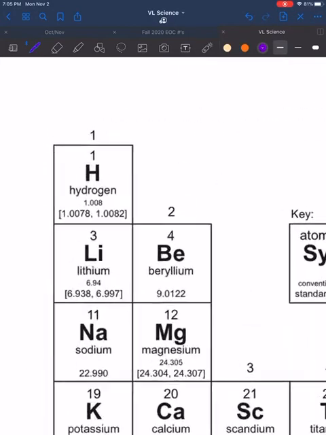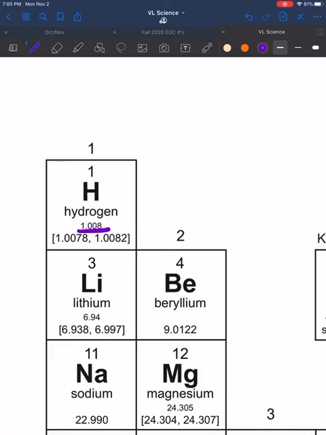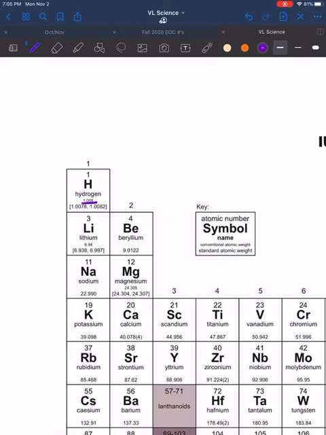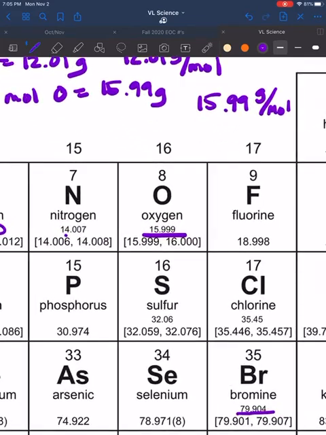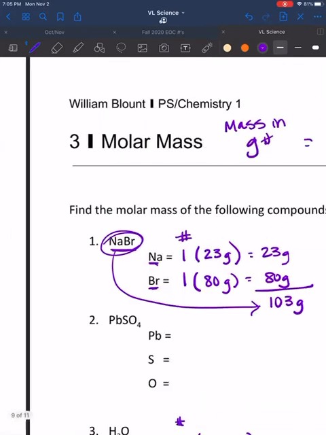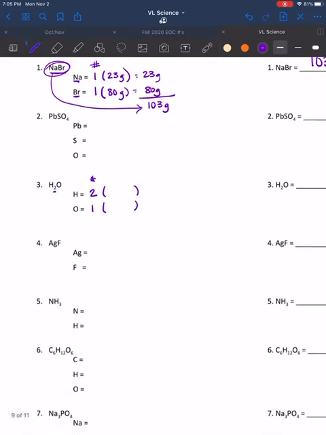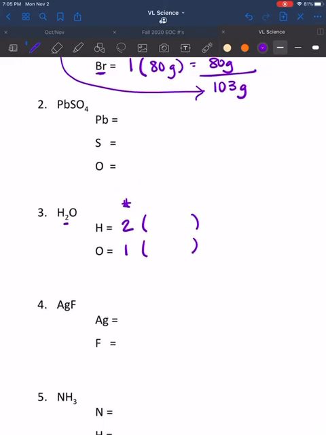So here is hydrogen. We're going to use a mass of 1. And then oxygen is sitting over here. And we did that in our example earlier, 15.99, which we're going to round to 16. So, hydrogen had a mass of 1 gram, oxygen had a mass of 16.